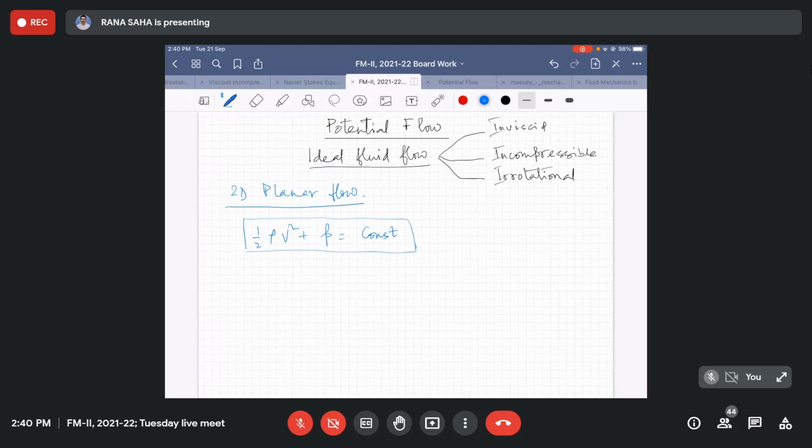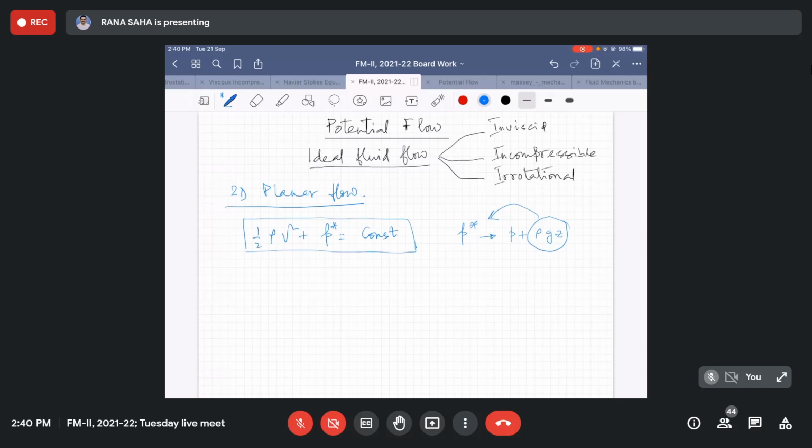Only thing is that you need to incorporate the elevation term, and that could be very well incorporated by mentioning this P as P star, and this P star is nothing but your P plus rho g z. Okay, so this is the additional term which comes inside this P star.